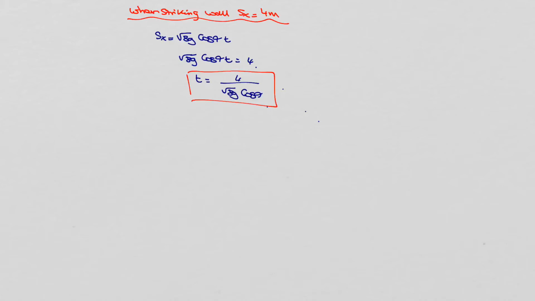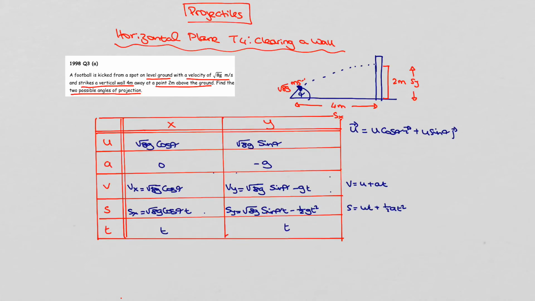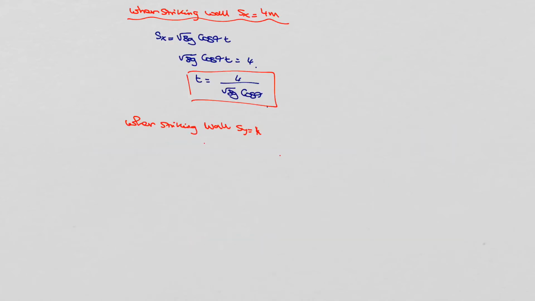And now we can use this for the second piece of information we have, which is where it strikes the wall. When striking the wall, it hits the wall 2 meters above the ground. So in other words, sy is 2 meters.